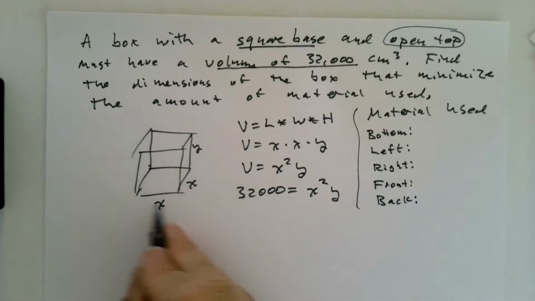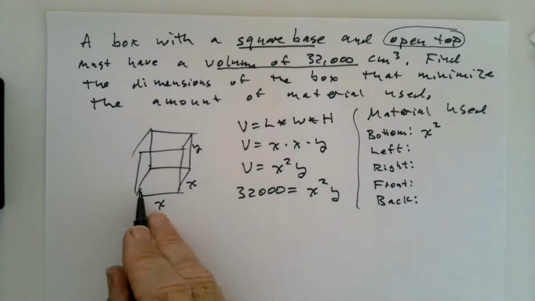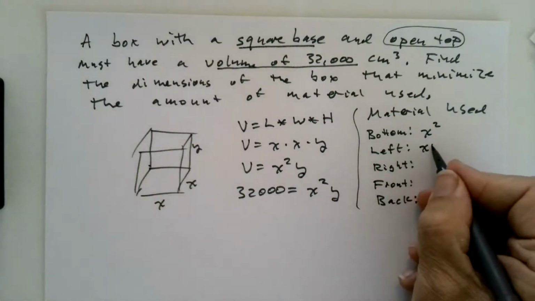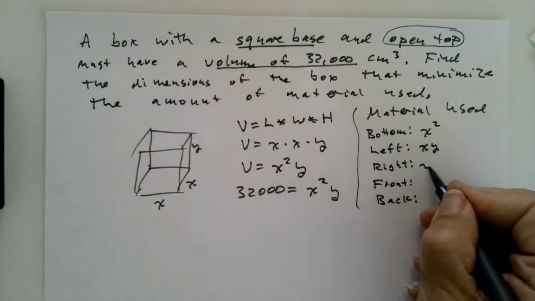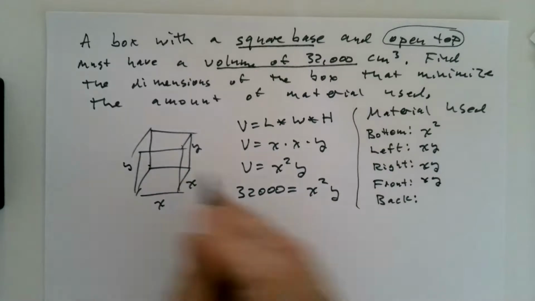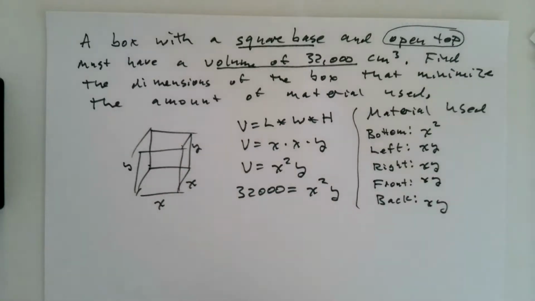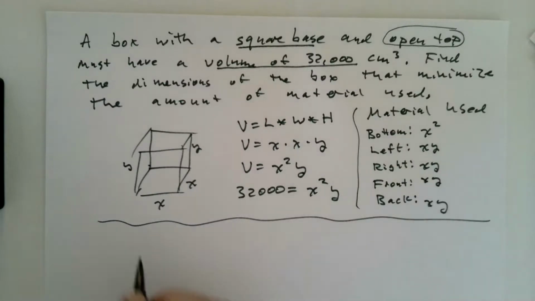The bottom is x by x. Bottom is x squared. The left side is x by y, xy. The right side also x by y. The front also x by y. And the back x by y. So the surface area is adding all those together.